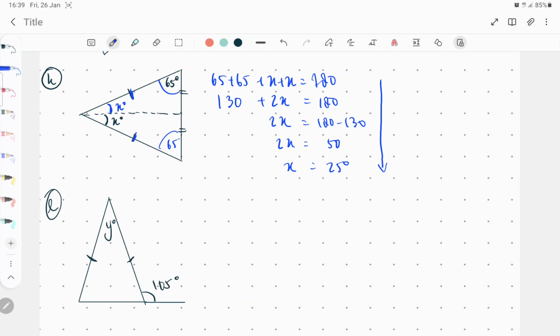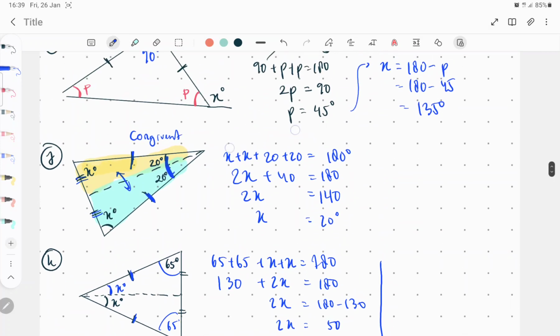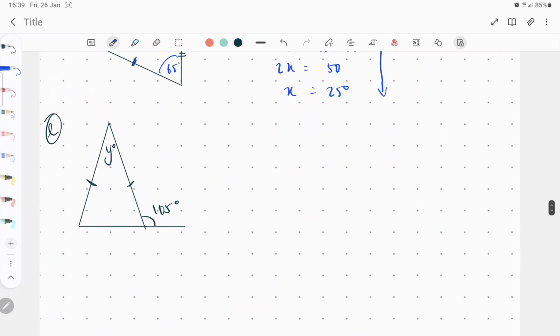Again, this is simpler than previous questions like J and K. L is as simple as finding x first, and this is also x, not y. Careful, because it is on the same base angle, same equal size. So you need to find the x first by performing the equation of a straight line. 180 subtract 105, you will get 75 degrees.